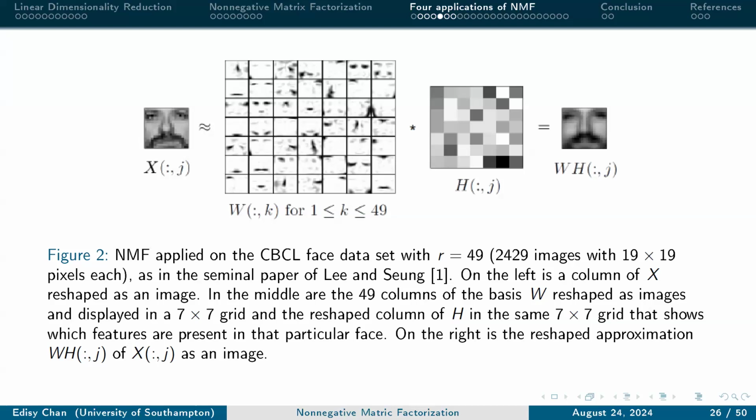So now if we have many images and we would like to know how they share some features, some of the people in those images may share the same shape of the eye or the same shape of the nose, or they may have the same kind of mustache, or the same shape of mouth and things like that.